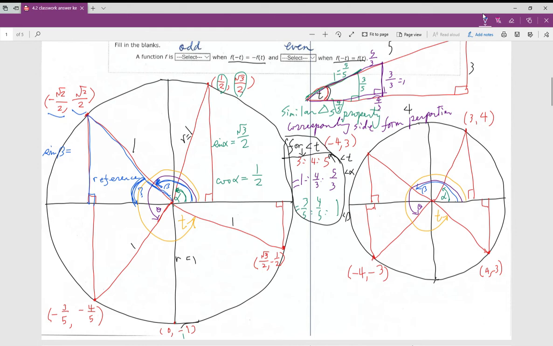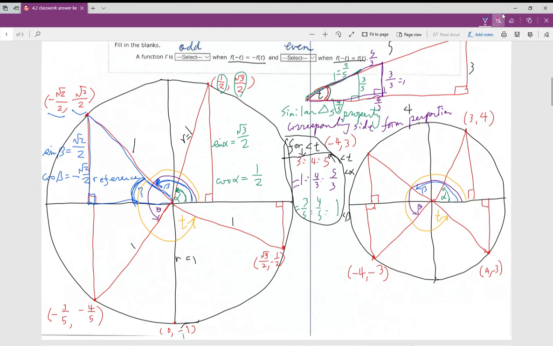Sine beta is the y value, square root of 2 over 2, divided by 1. And the cosine beta will be this one, the x coordinate, square root of 2 over 2, but it is negative because the x value right now is on the left-hand side, so it is negative.